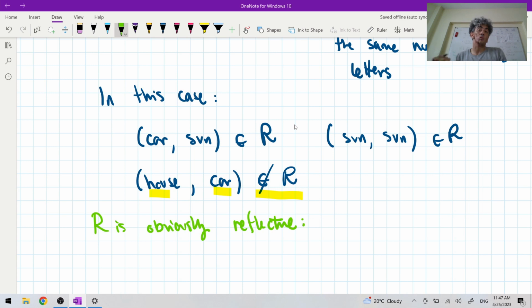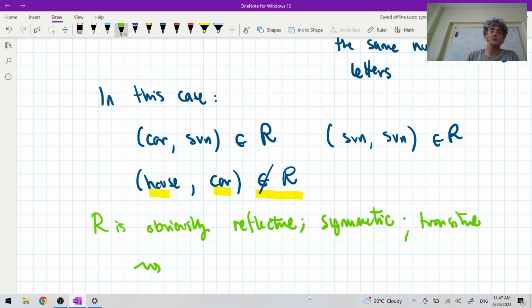Each word has the same number of letters as itself. It's also symmetric, and it's also transitive. So in this case, R is an equivalence relation.